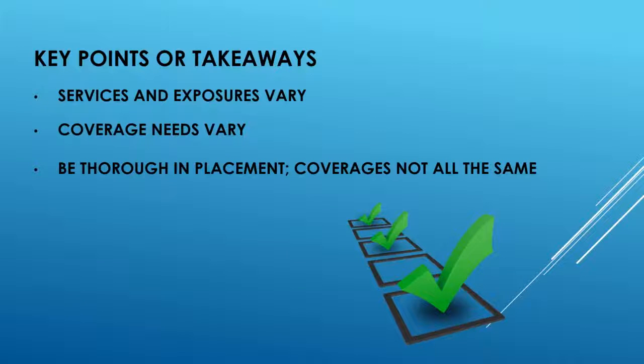They're varied, and it's important to understand that, because that means that the coverage needs vary. So the insurance for one technology organization might be very different than the needs of another, and of course that means that the agent or broker and the client need to make sure they're being very thorough in the placement process to make sure they're getting the coverage they actually need.